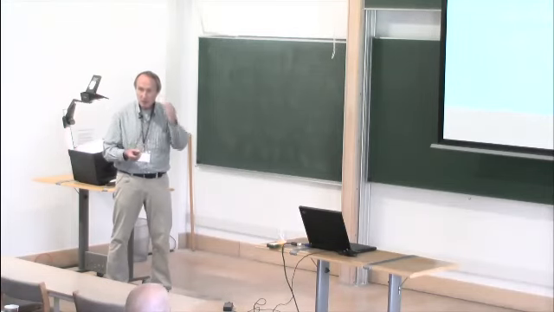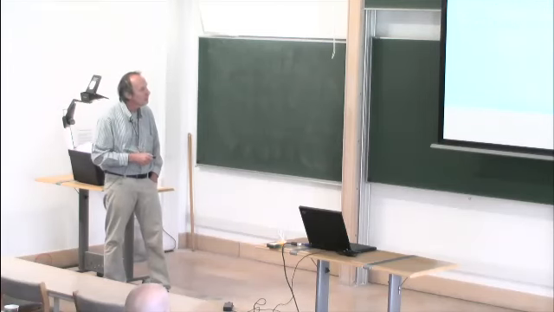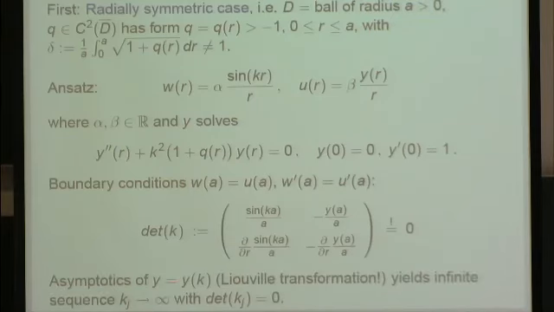You want to determine when this system has a nontrivial solution, so you look at the determinant as a function of k, and then you can do the asymptotics when k tends to infinity, and that gives you indeed a sequence which goes to infinity. That was discovered a long time ago.